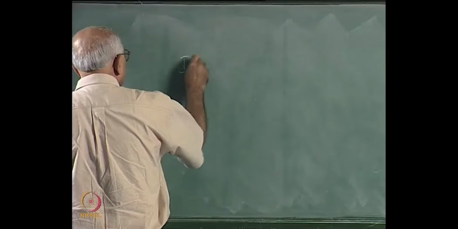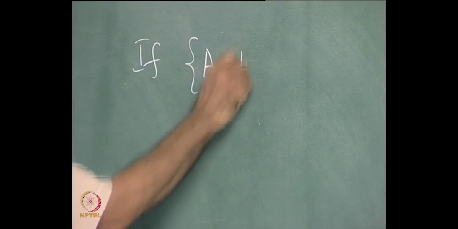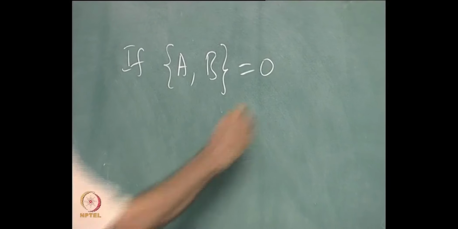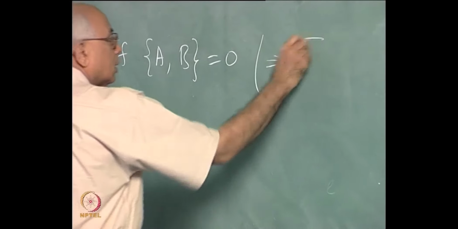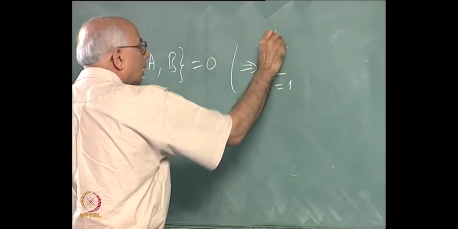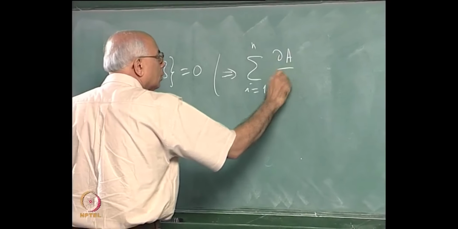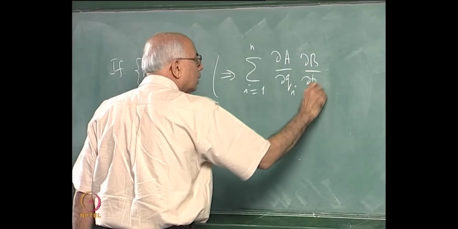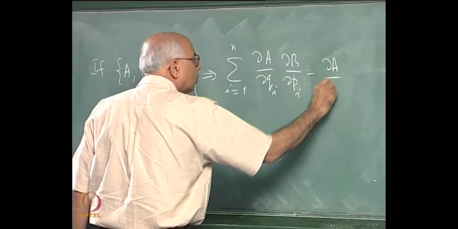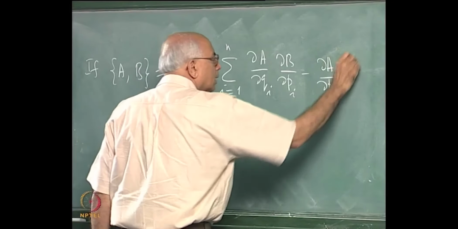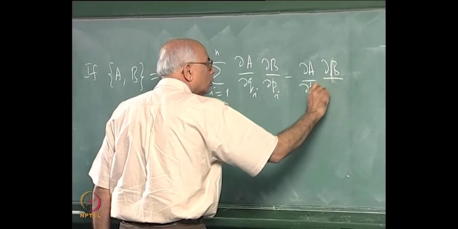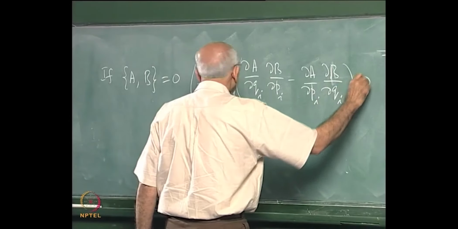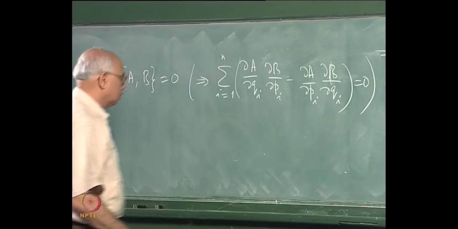So if the Poisson bracket of A and B equals 0, this of course means that the summation i equal to 1 to n of ∂A/∂qi ∂B/∂pi minus ∂A/∂pi ∂B/∂qi is 0. This is what it implies.